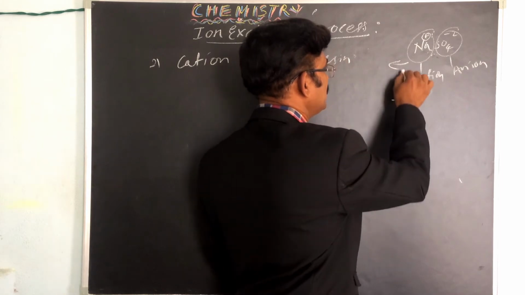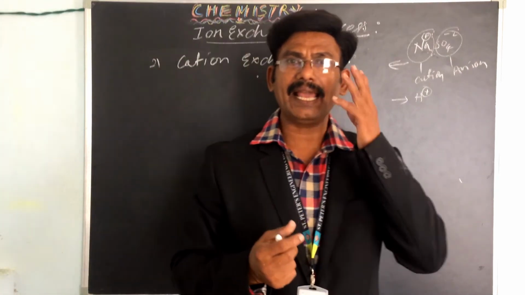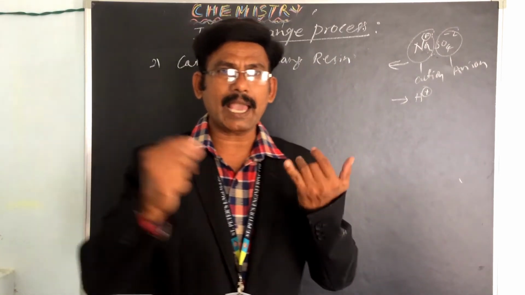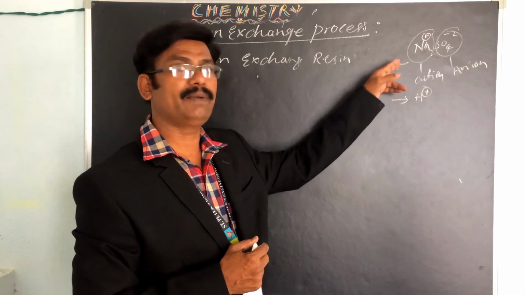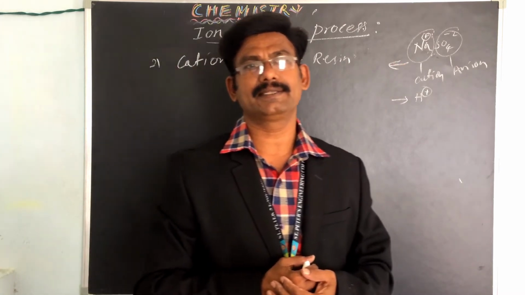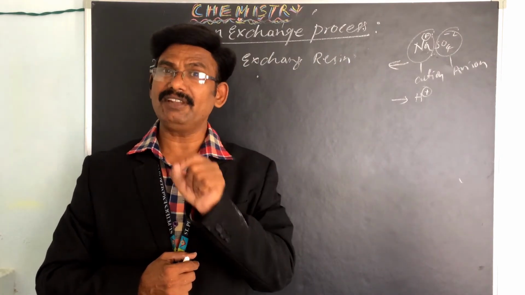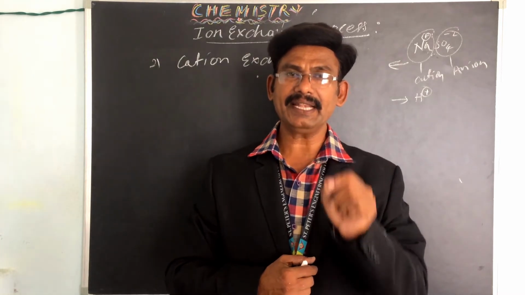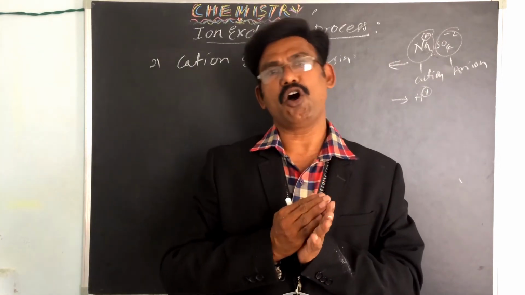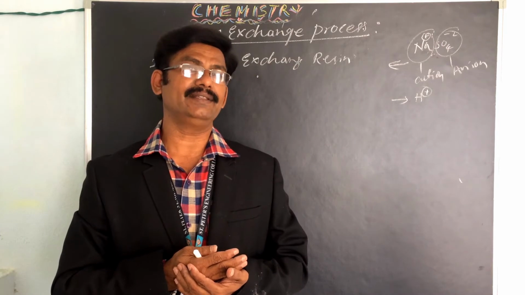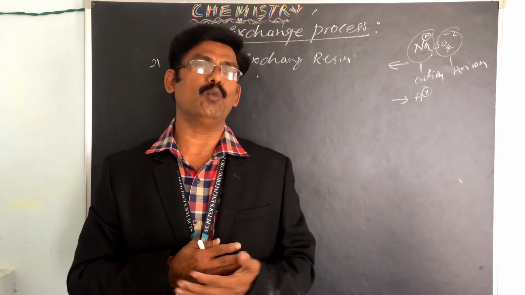That is the main important point. These resins are mainly styrene divinyl benzene copolymers, which upon sulfonation or carboxylation are capable of exchanging their H plus ions with the hardness-producing ions in water.